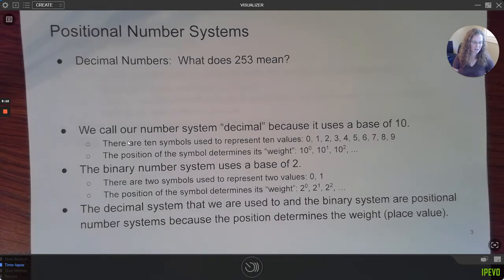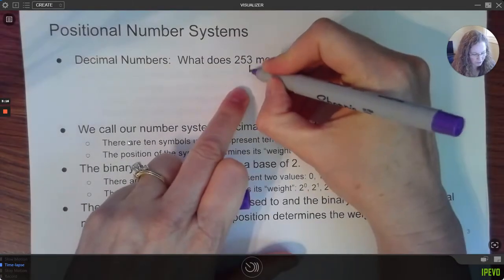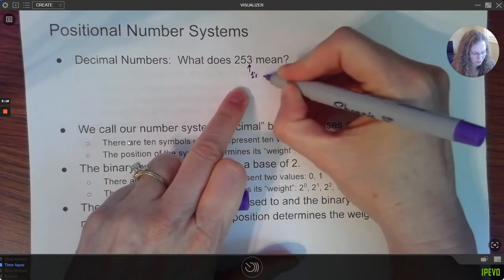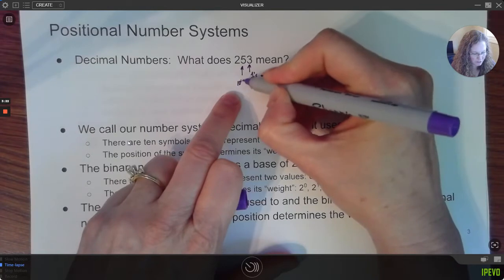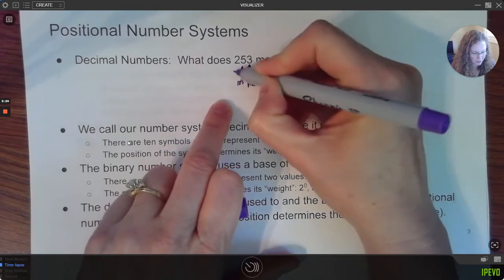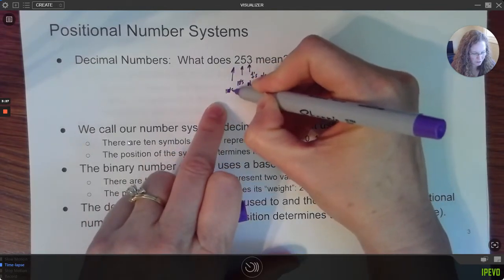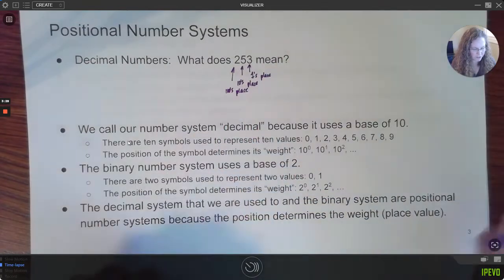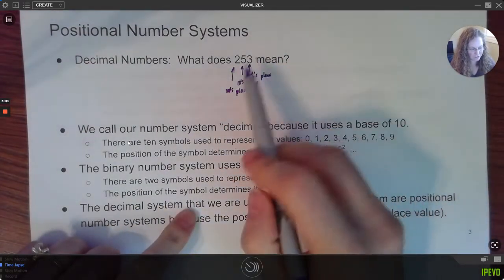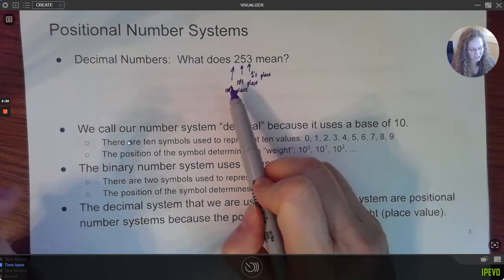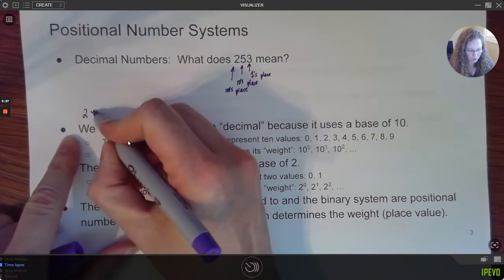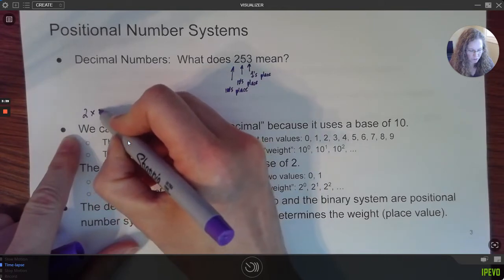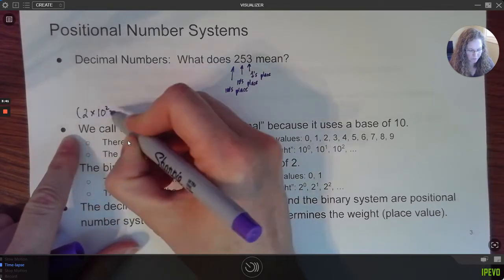The 3 is in the ones place, the 5 is in the tens place, and the 2 is in the hundreds place. So this number means I have a 2 with a weight of 100, so that 2 represents 2 hundreds, or 2 times 10 squared.